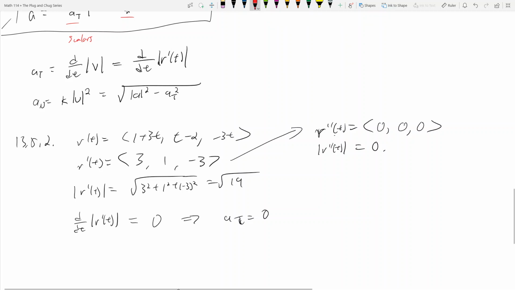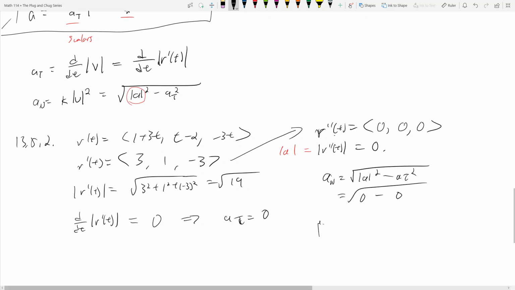So when we write the magnitude of acceleration squared, that's the same thing as this. The magnitude of acceleration is 0, and that means AN is equal to the square root of the magnitude of a squared minus AT squared. That's just 0 minus 0.